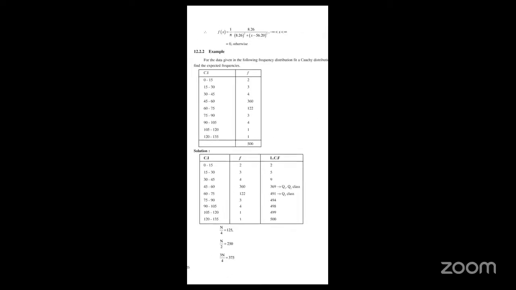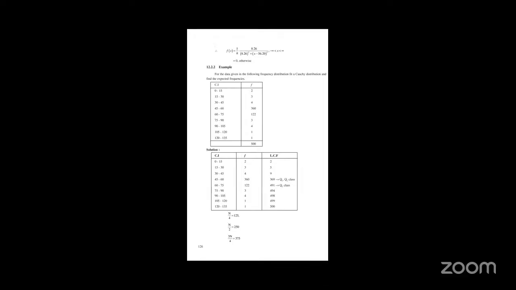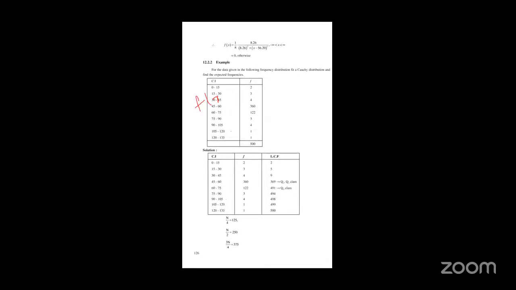What is the function of the Cauchy distribution? In the previous classes we studied it, right? The function of the Cauchy distribution is f of x equals 1 by pi into lambda by lambda square plus x minus theta whole square, where x lies between minus infinity and infinity; otherwise f of x is equal to 0.